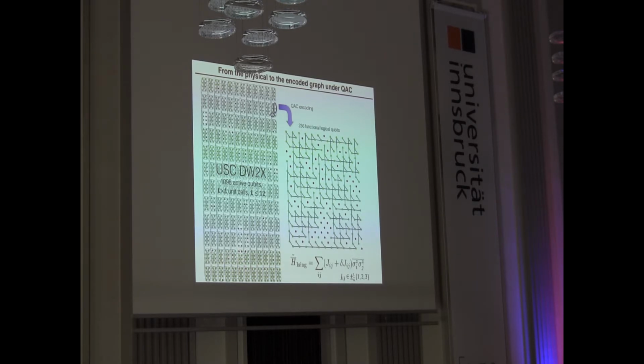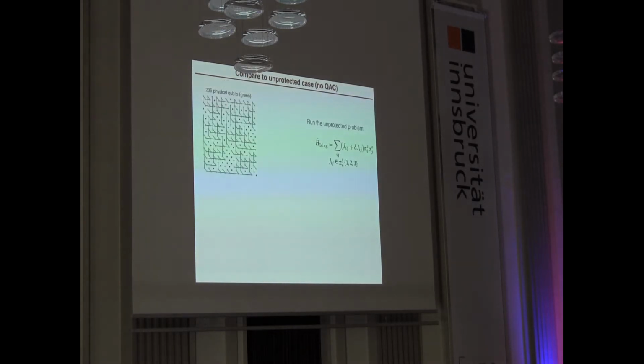And this logical problem, we then need to compare to the unprotected case, right, where we don't do the quantum annealing correction scheme. So one way to do that is to just consider this minor of the chimera graph and run it where now every green circle is a physical qubit, right?